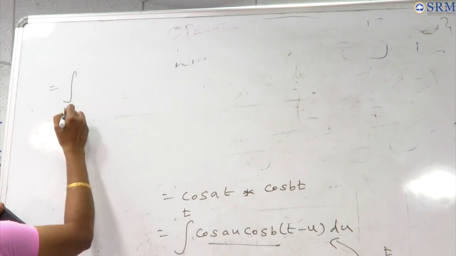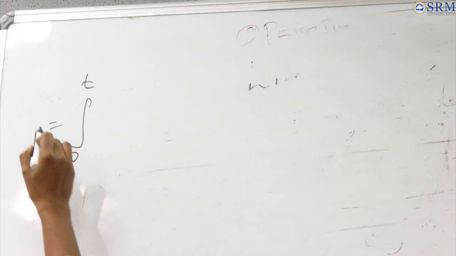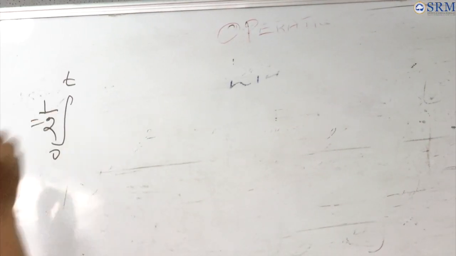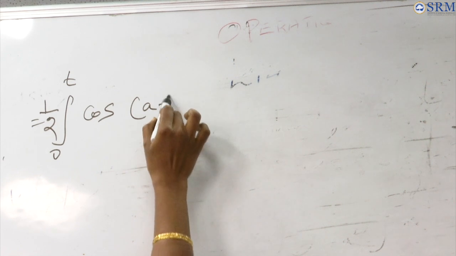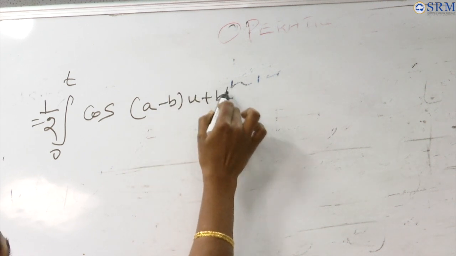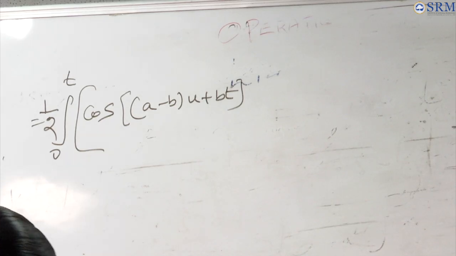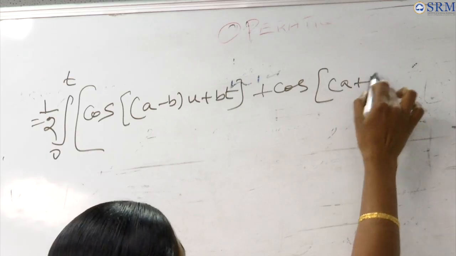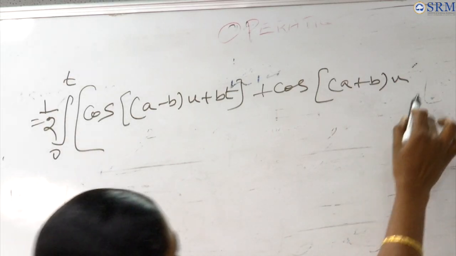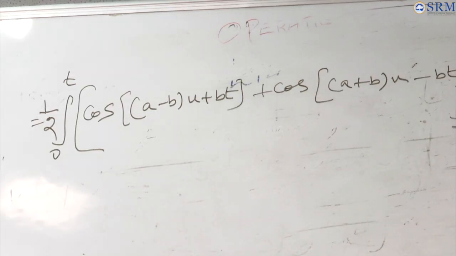So the integral from 0 to t, the formula is 2 cos A cos B, so 1 by 2 is missing here. So 1 by 2 integral 0 to t of cos(A minus B), which is (a minus b)u plus bt, plus cos(A plus B), which is (a plus b)u minus bt, du.